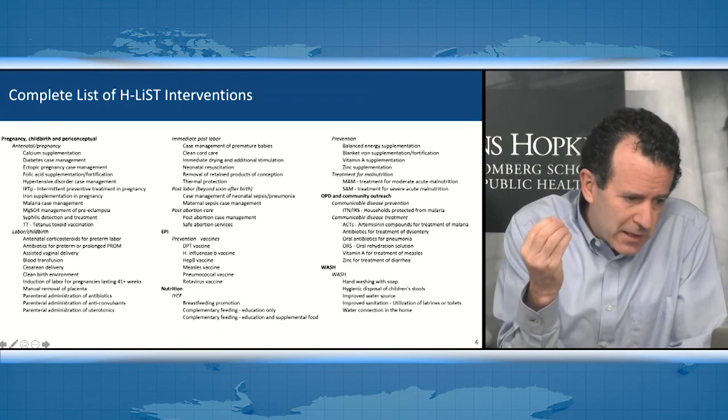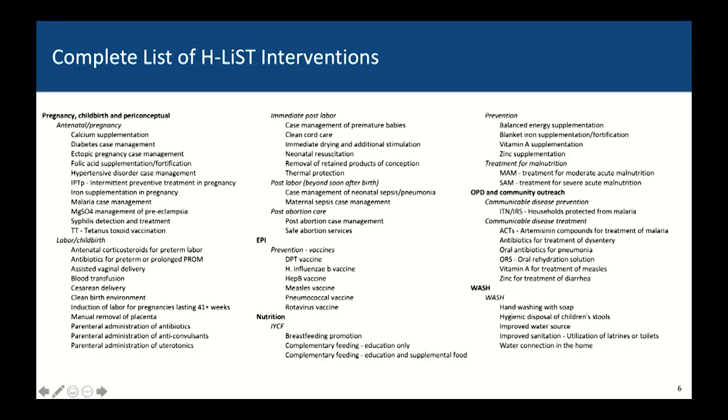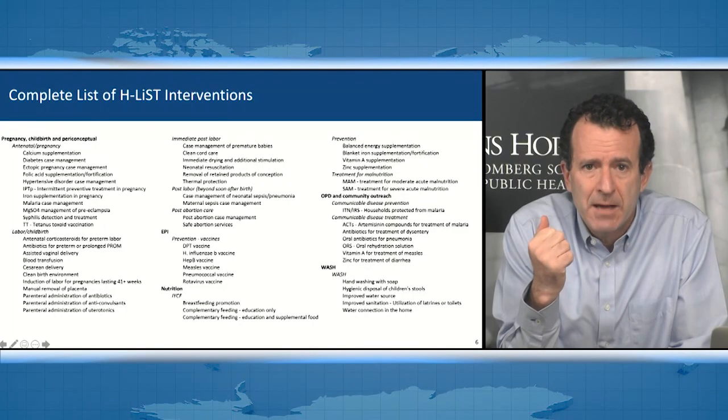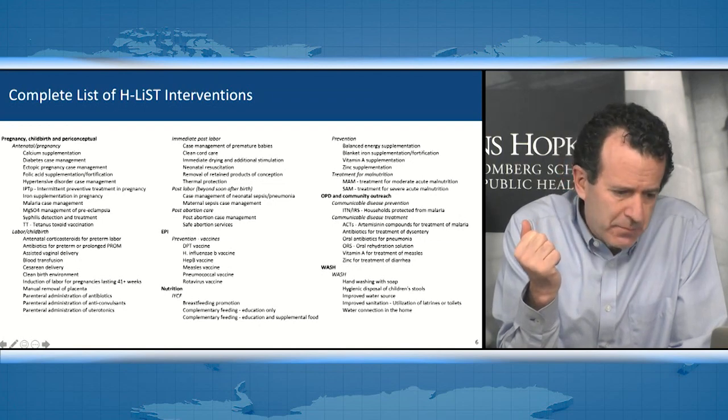In immediate post-labor, for example, the first two are case management of premature babies and clean cord care. Under EPI, you can imagine you've got your DPT vaccinations, your Hep B, measles, etc. You've got your infant young child feeding, as I mentioned, under nutrition, but you've also got treatment of MAM, moderate acute malnutrition, and SAM.